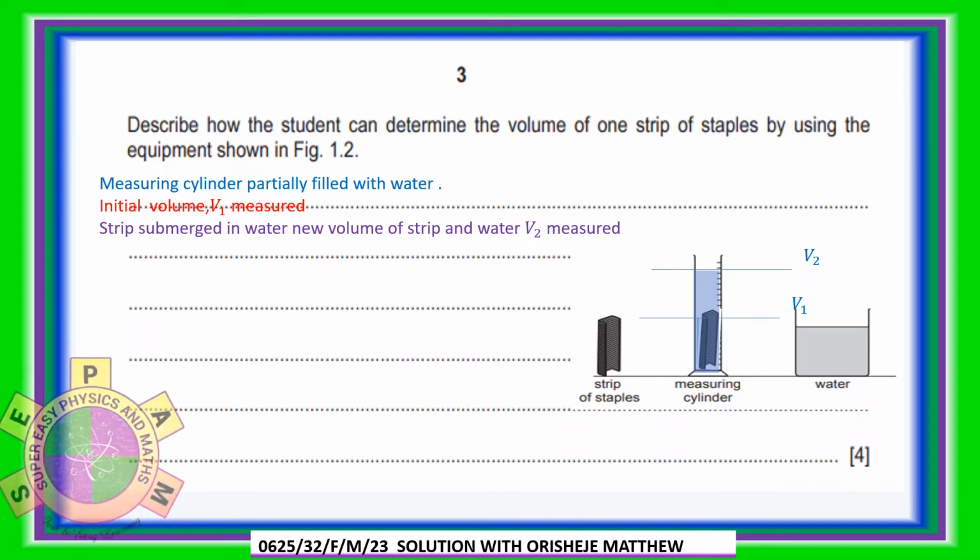Then the increase in volume is equal to the volume of the staples that have been submerged. So the volume of the staples is going to be the difference in the volume rise, which is V2 take away V1.